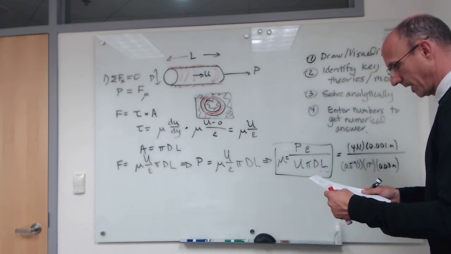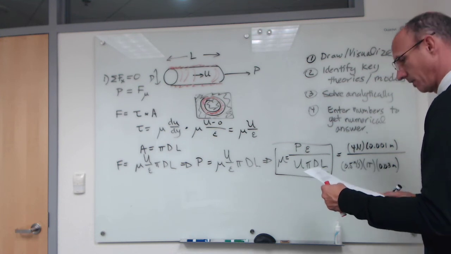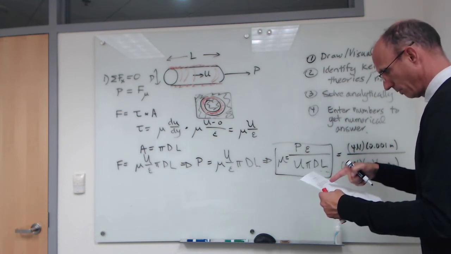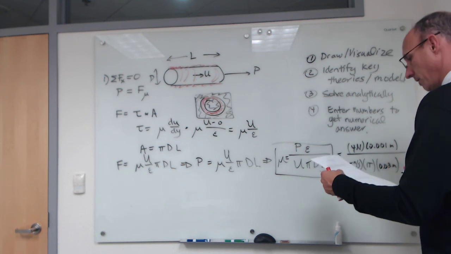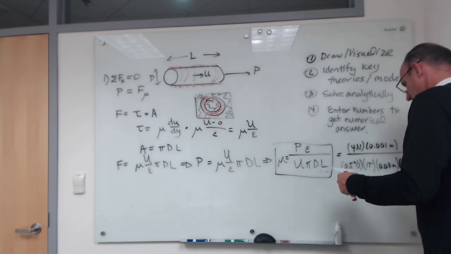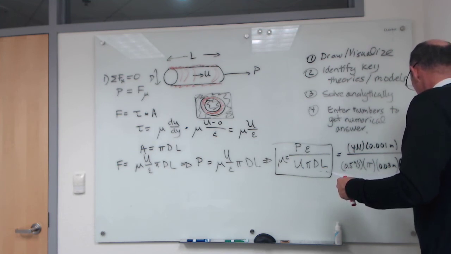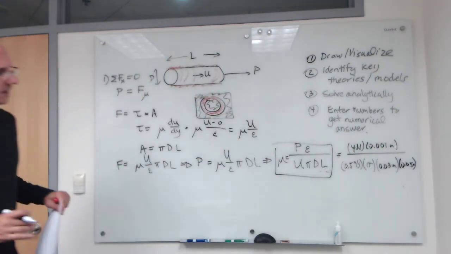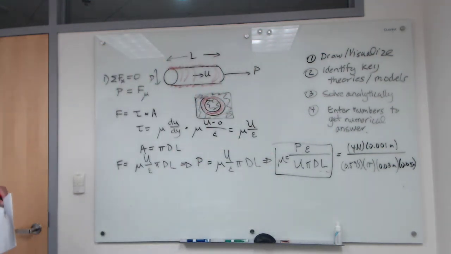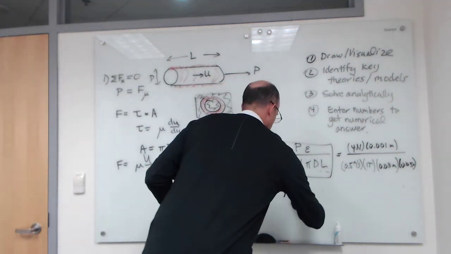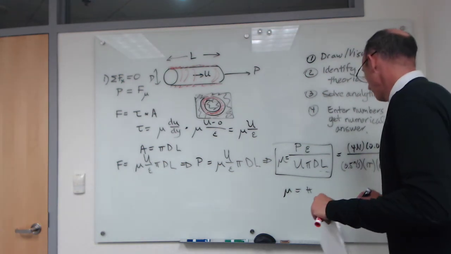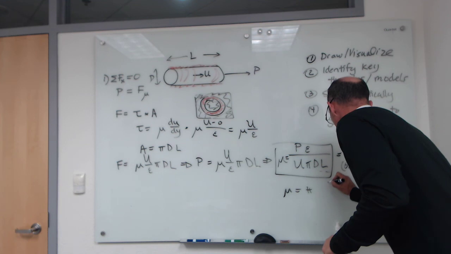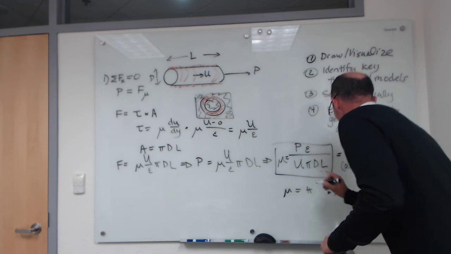Okay, and then lastly, L is written here as 50 millimeters, 0.05 meters. Okay? So if I worked out those calculations, I would end up with a value for the viscosity. So I'd have viscosity equal to a number, and the units I would work out to be kilograms per meter per second. Okay?